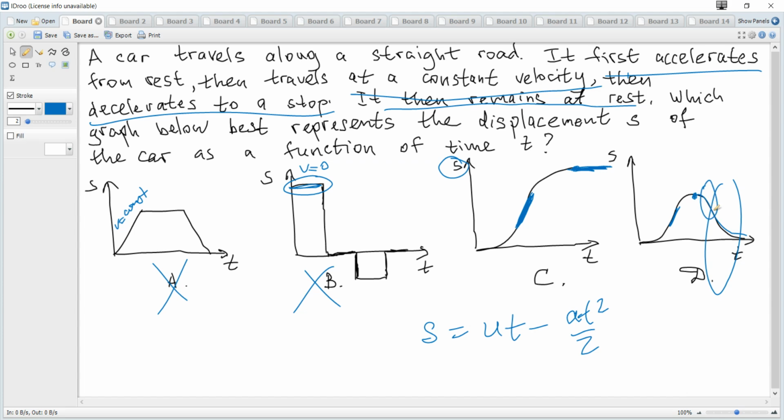It actually means that it is moving backward with acceleration, and here it is moving backwards with deceleration. And this point means that it comes back to the origin. So it's C. And that's all for this question.